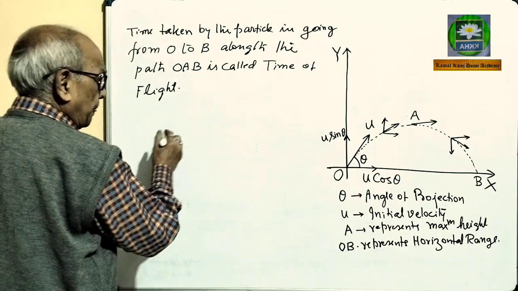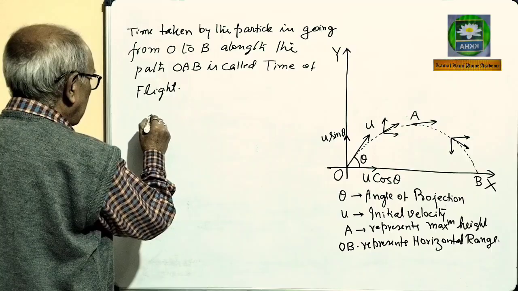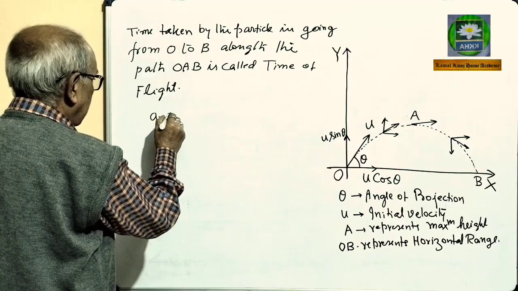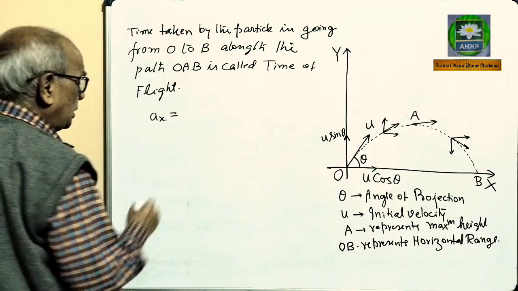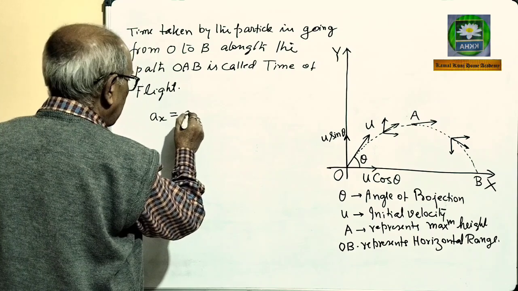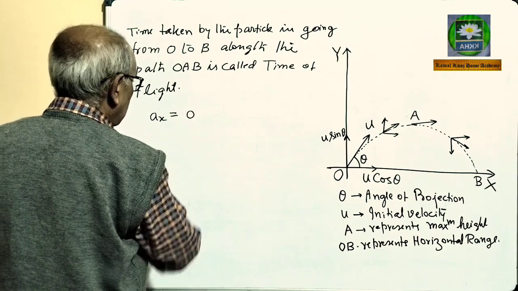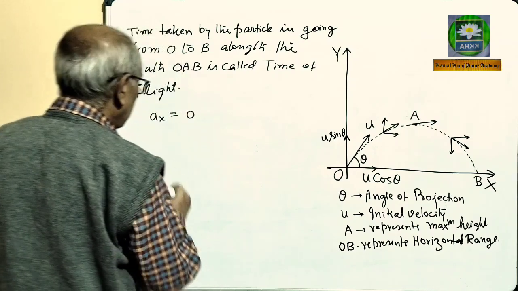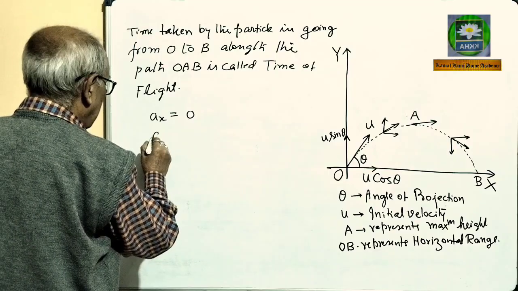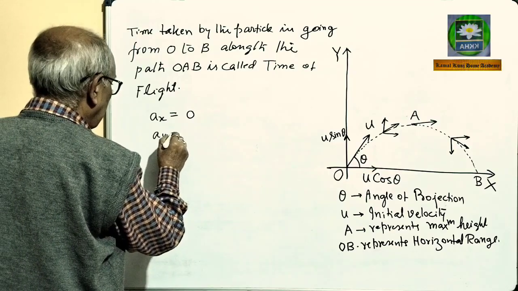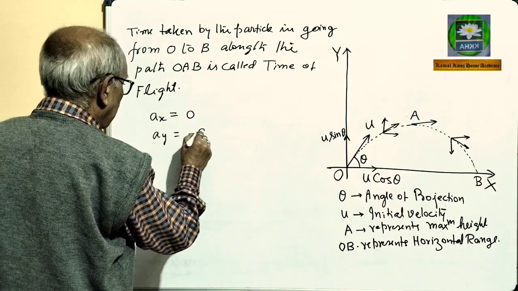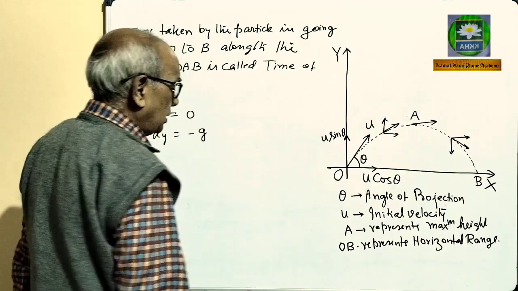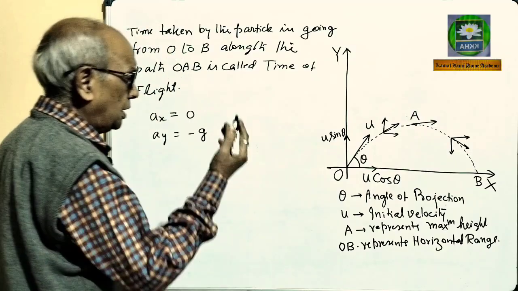Here we have ax, acceleration along x-axis, is 0. Acceleration along y-axis is minus g if the particle is going up.